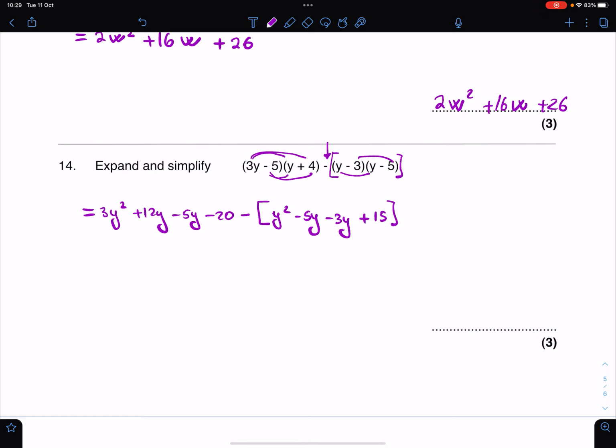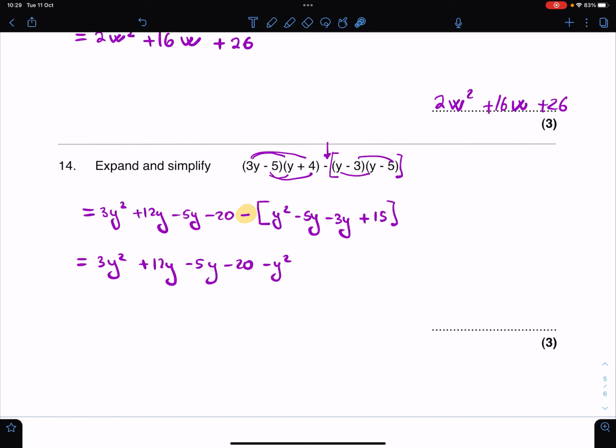I'm going to keep my square bracket. The reason I'm writing the square bracket is that the negative sign over here is going to change the sign of everything in the square bracket. I'll write the first part as it is for a while, but the things in the square bracket will change. Look, y squared, which is positive, will be negative y squared.